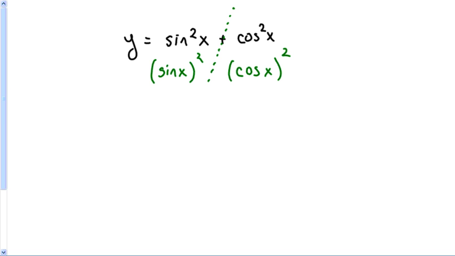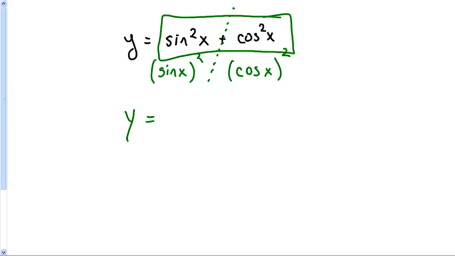Or you could just remember something. Hey, sine squared plus cosine squared. That's a trig identity. Wait a second. That's 1, which means y prime is, oh my goodness, tricky, tricky, tricky. You believe that? Trying to make me think I had a hard problem.